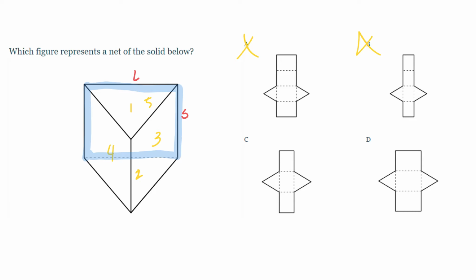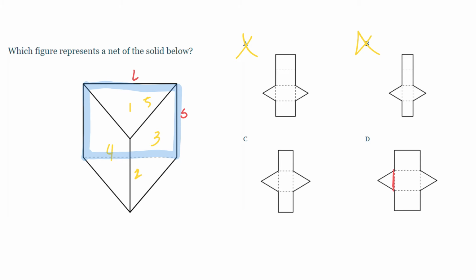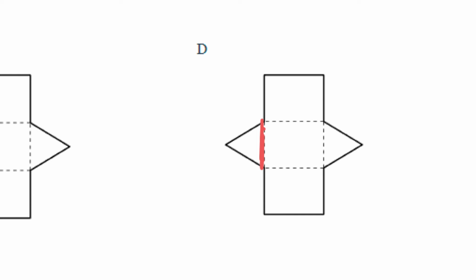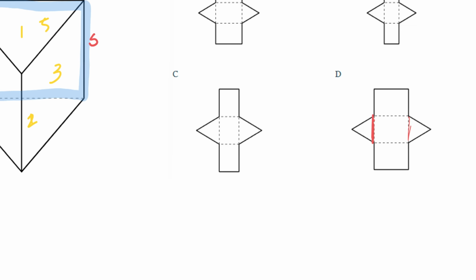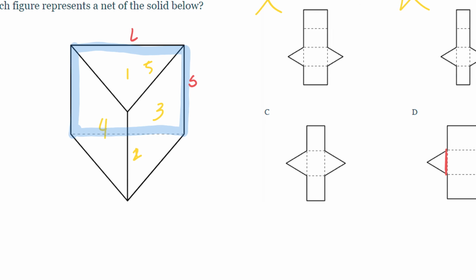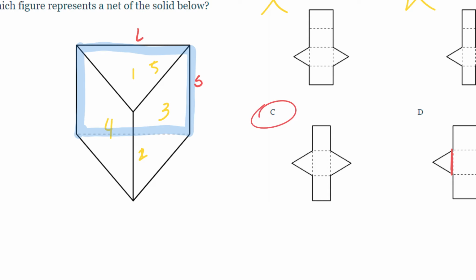So the larger of the sides of the two right triangles is touching the triangle, and the smaller is the rectangles touching each other. If you look at D, it's the small side of the rectangle that's touching the triangles, and the large side is touching the other rectangles. So when we look at this, C can be our only answer based on that.